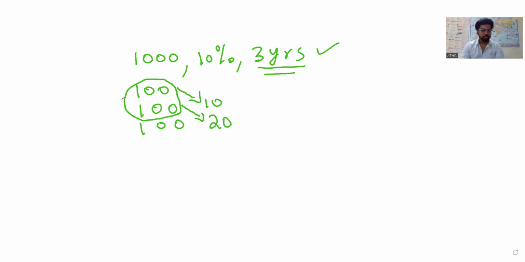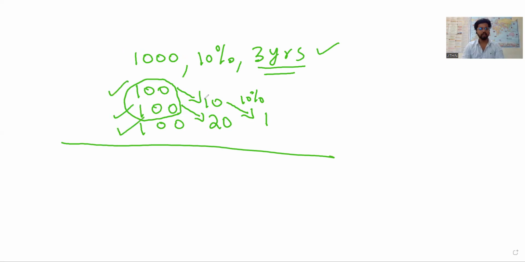So I write three numbers here, two numbers here, and I need to write one number here, that is the diagonal of this value. So we need to find 10 percentage of this 10. It is 1. So the compound interest will be the sum of all these values. That is 100 plus 100, 200, plus 100, 300, plus 10, 310, plus 20, 330, plus this one. So the answer will be 331.